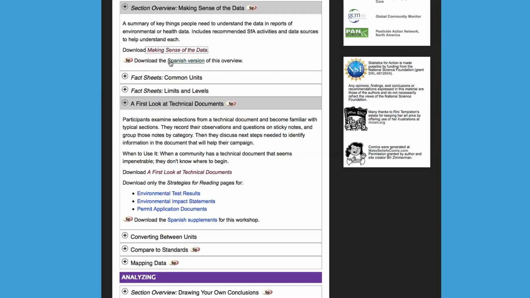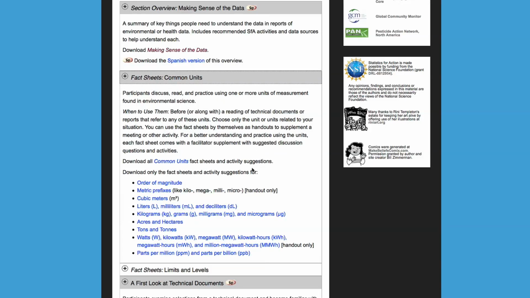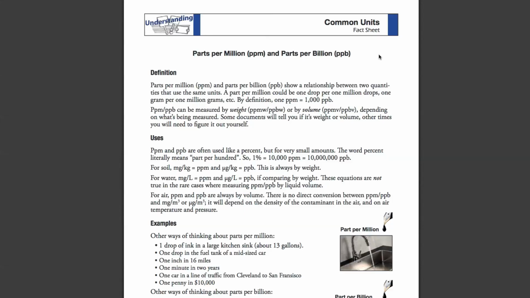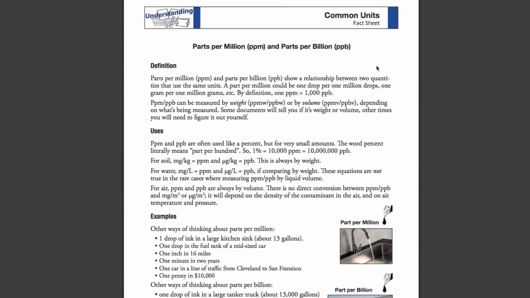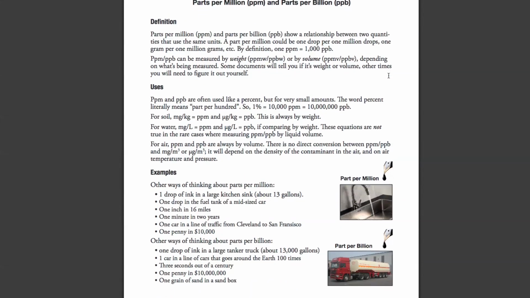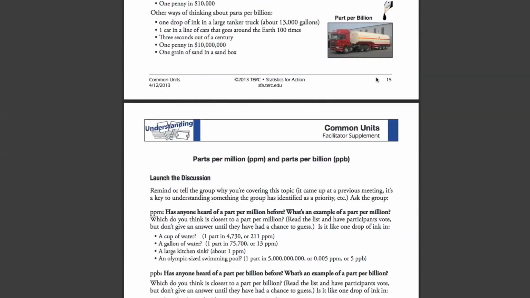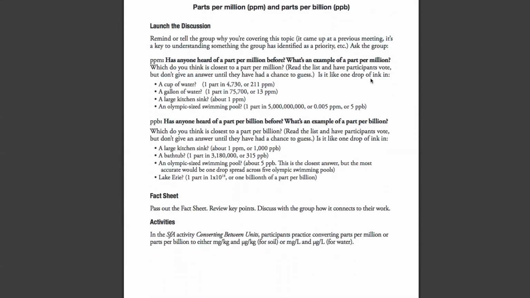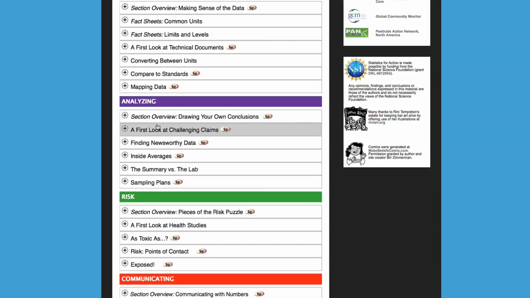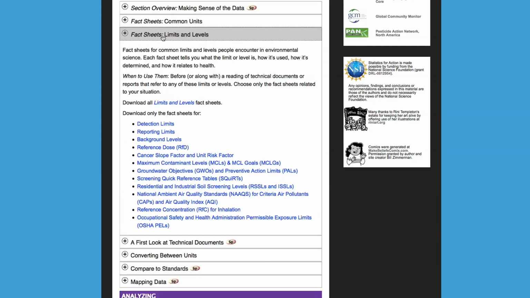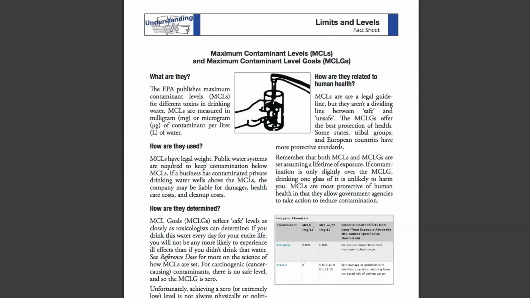We have fact sheets for some of the units that come up, like grams, liters, cubic meters. Each of these also comes with activity ideas. The activities aren't required, but they can be good for a group that really wants a hands-on experience. We also have fact sheets on the many limits and levels that you come across in environmental testing, for water, soil, air, health, and even for the equipment itself.